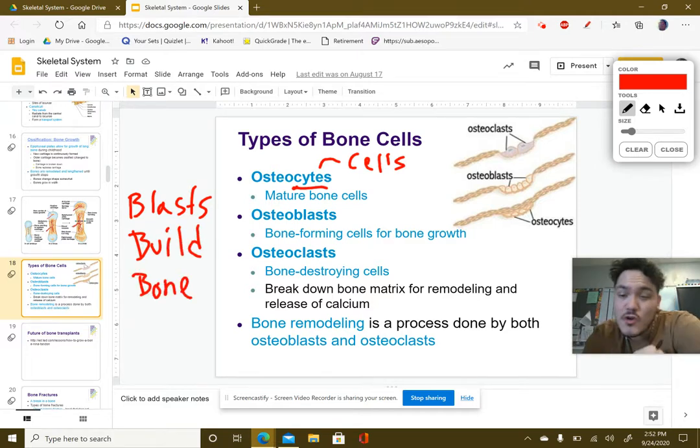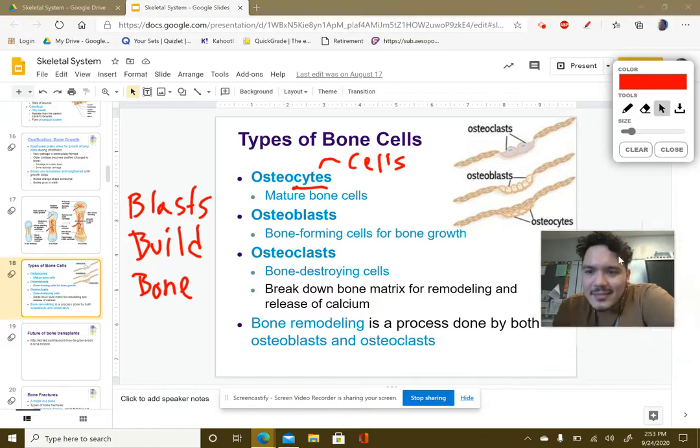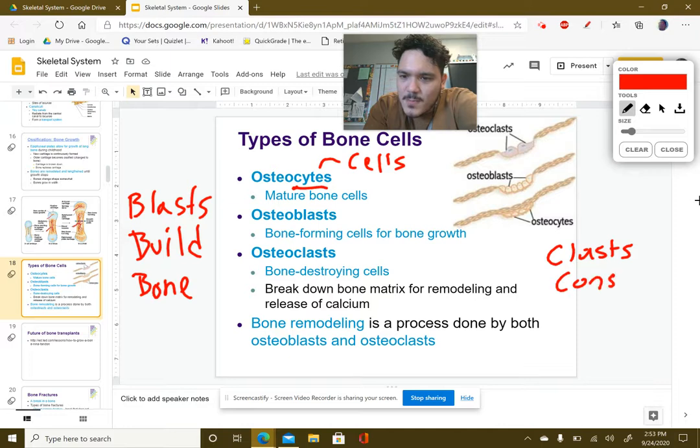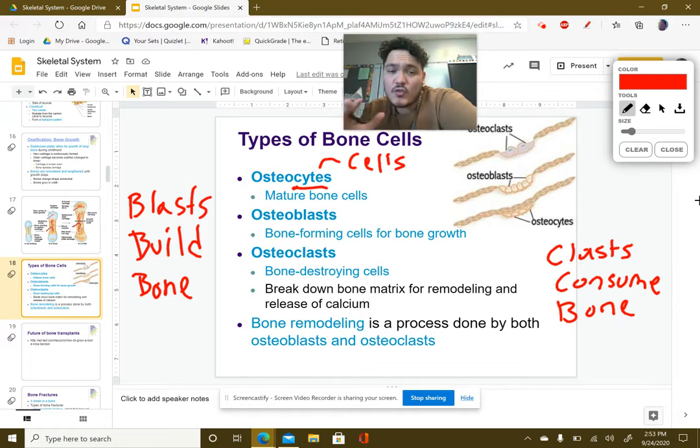So they make new bone. That's their job. Whereas clasts, they have a mnemonic as well. Not as creative, I guess, or not as roll off the tongue. But I say that the clasts consume bone. So they eat away at bone or they destroy bone cells.